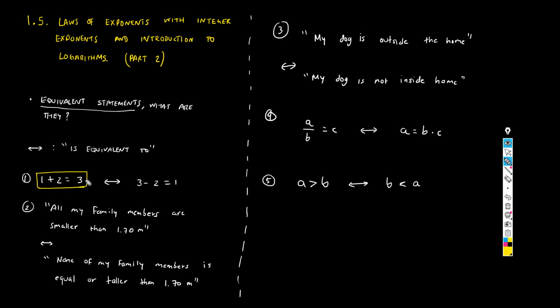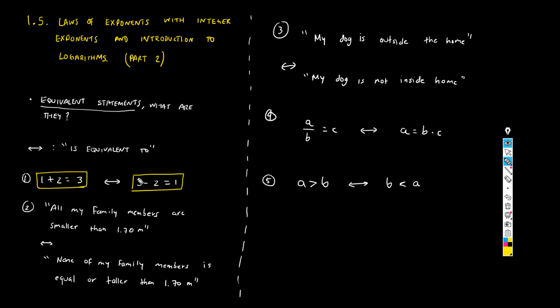Now, an equivalent way to state the same information between these three numbers is this. It's going to be saying that 3 minus 2 equals 1.